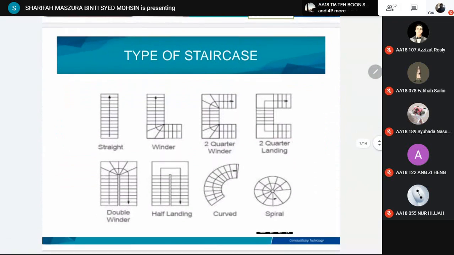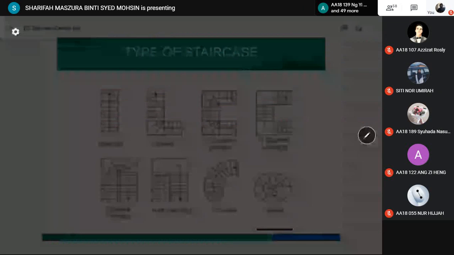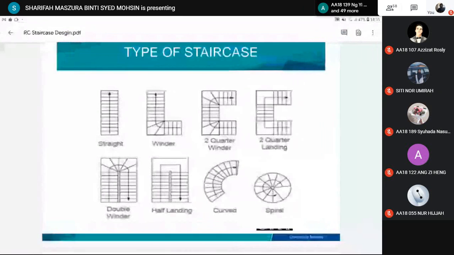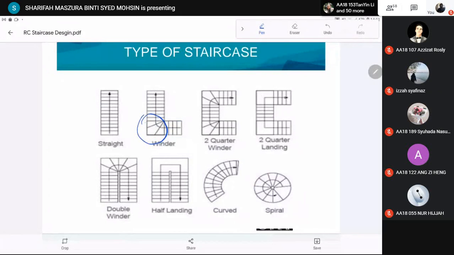So these are some examples of reinforced concrete staircase. We have straight staircase, winder staircase. Winder is when you do not have any landing. Instead, you have a few more steps at the landing there. Okay, so this is what we call winder staircase.